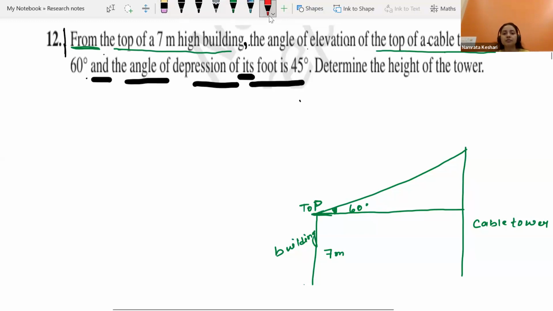So from this top only to the foot, let's join. Suppose a person is standing over here on the top of the building and trying to see something over here. Maybe there is a car, maybe a person, maybe something.